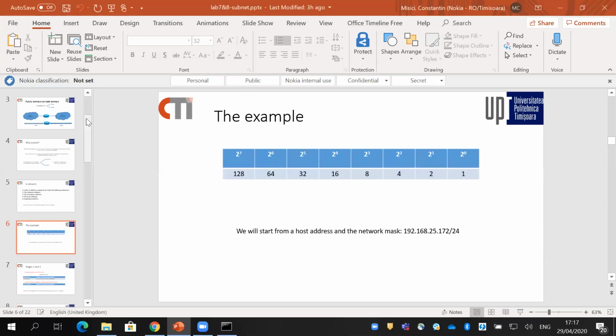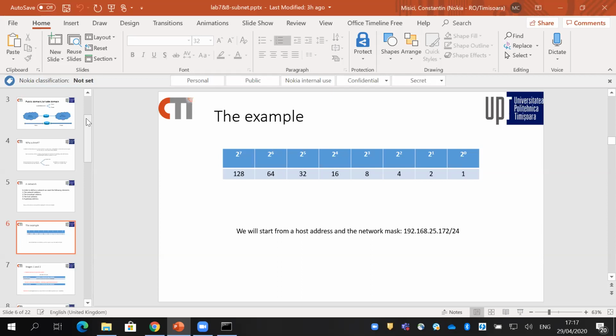Okay. Now, I'm not going to stay too much at this example because I hope you know it by now. It's the passing between decimal and binary figures. Over here you have 8 bits. And we're going to start the examples today, because this was actually supposed to be a seminar, by starting with an IP address. The IP address you see over there, 192.168.25.172/24.